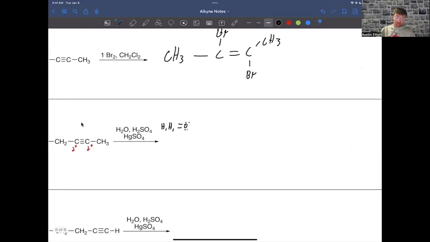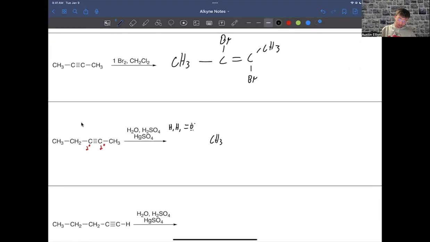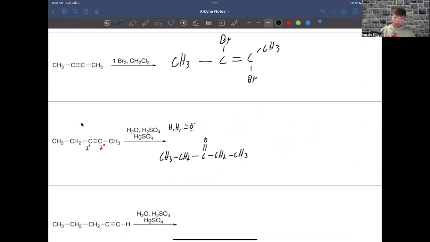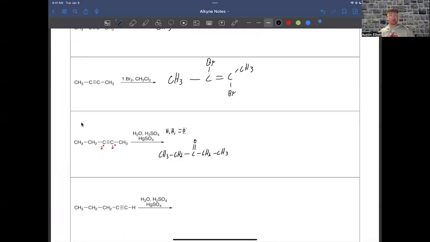Our first product is going to be CH3, CH2, C double bond O, CH2, CH3. That's our first product. Put it right there. And then our second product is just going to be moved over one, as you can see right there. So both of these form ketones. However, each one is slightly different, which is why we have two products.